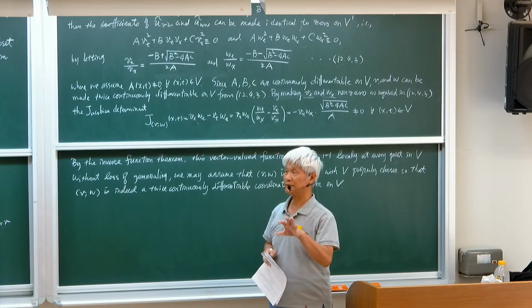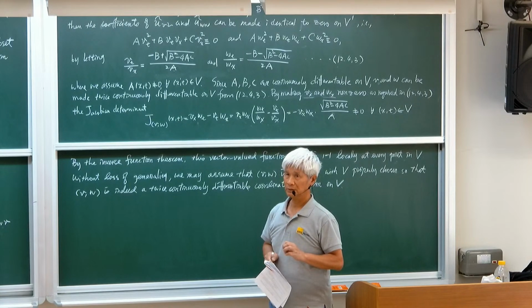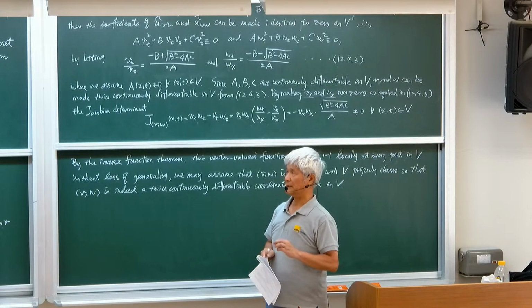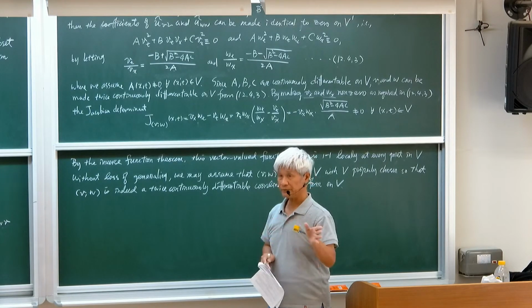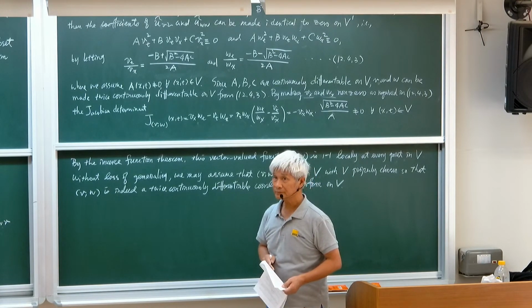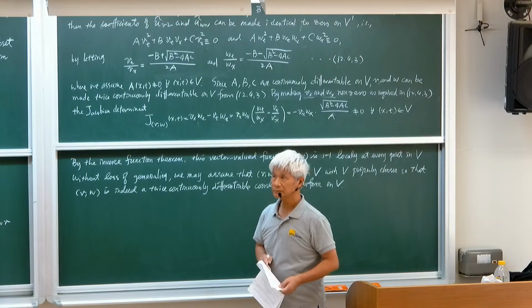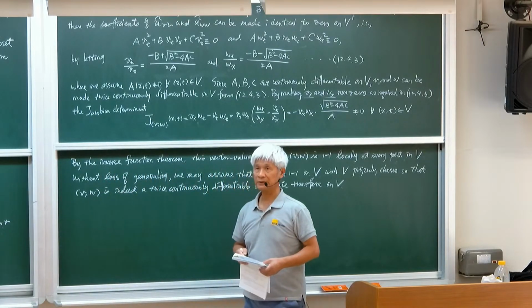So a twice continuously differentiable function implies it is continuously differentiable. But if the forward direction is twice continuously differentiable, then the inverse function must be twice continuously differentiable. Yeah, that can be deduced from the inverse function theorem.